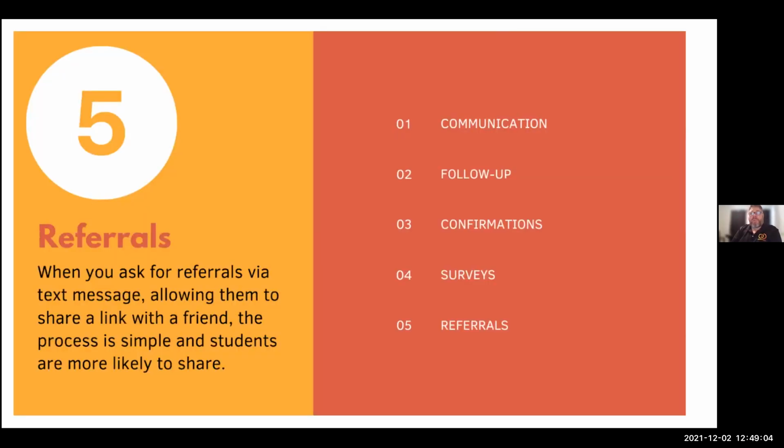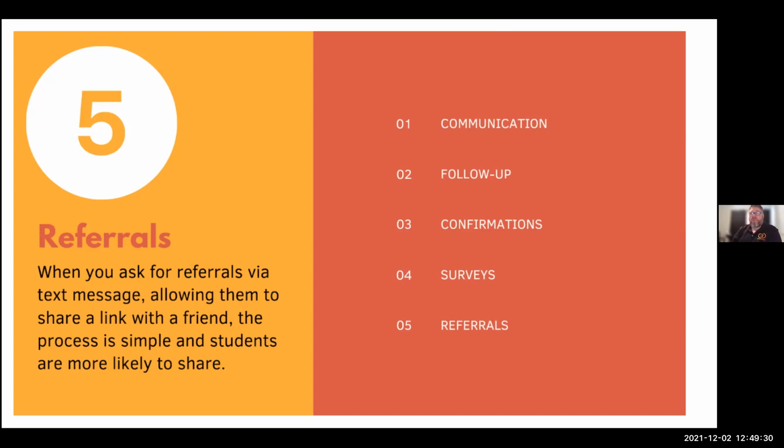And then the last one is referrals. When we're asking for referrals, we can do that via text message and allow students to share a link with a friend, ask them to forward it out to some people. And with using a text message, much more likely that students will do it. And it's likely to be more effective because of that.